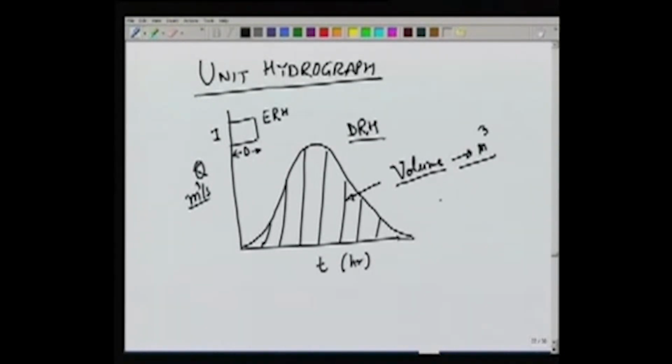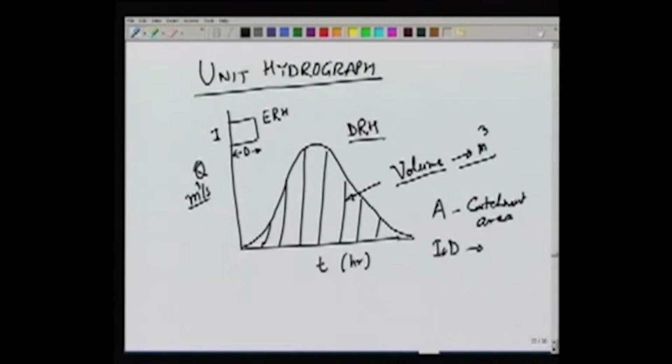So if the catchment area is A, and the rainfall intensity is I, duration is D.